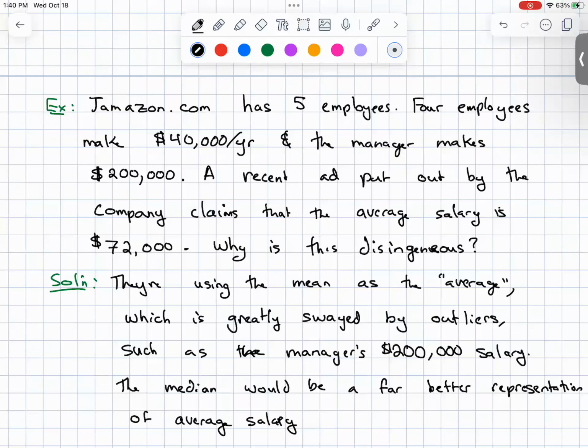So that's a very apt thing to be looking out for. Whenever you see something online or a headline that says the average, always question: what average are you talking about? Because if you're using the wrong average, you can skew data however you want. There's that line from, what's his name, the famous writer, Mark Twain.